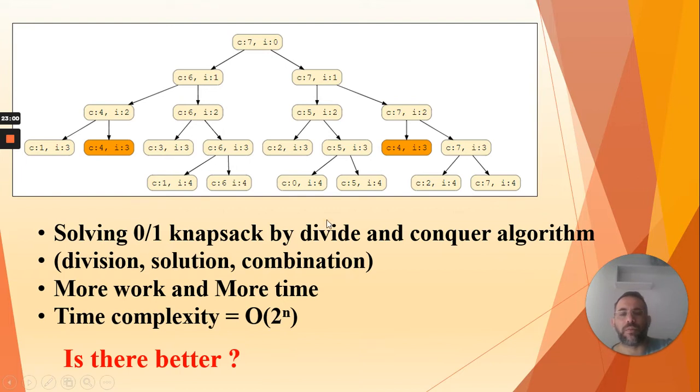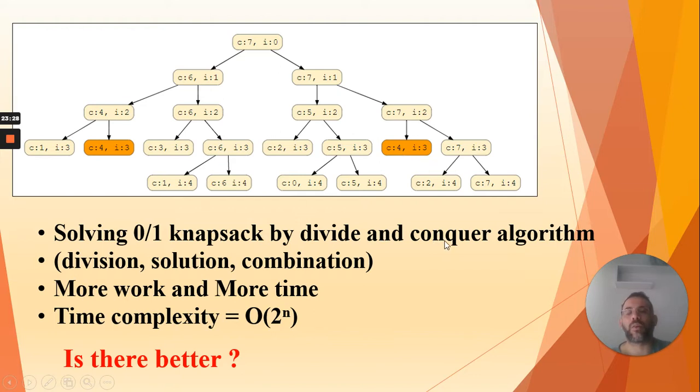The disadvantage of this algorithm is that it will compute the same sub-problem repeatedly, as we see here in this figure. Here we have a sub-problem, and on the right side we have the same sub-problem.